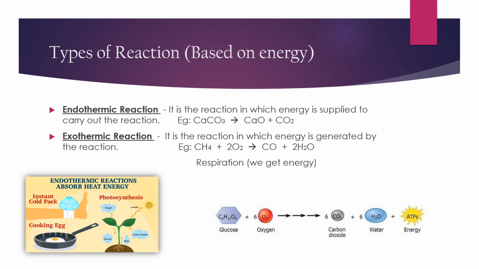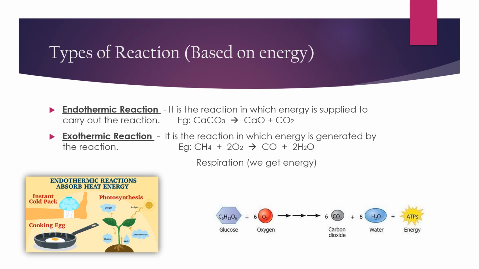As I have told in the previous slide, CaCO3, calcium carbonate, is heated to form calcium oxide and carbon dioxide. Sorry, not water. So that reaction was the endothermic reaction.